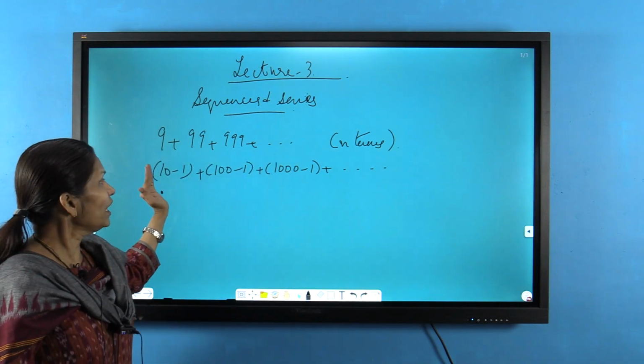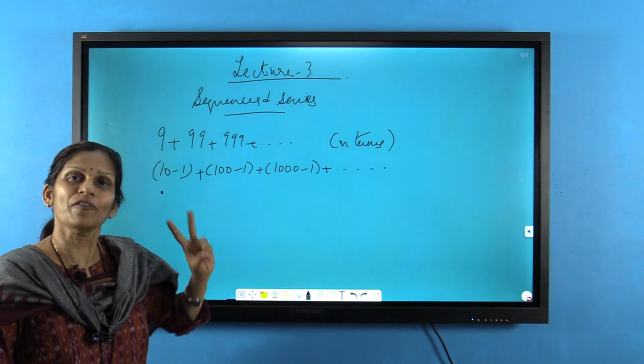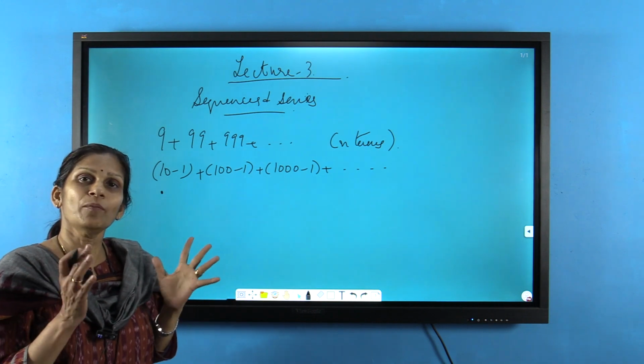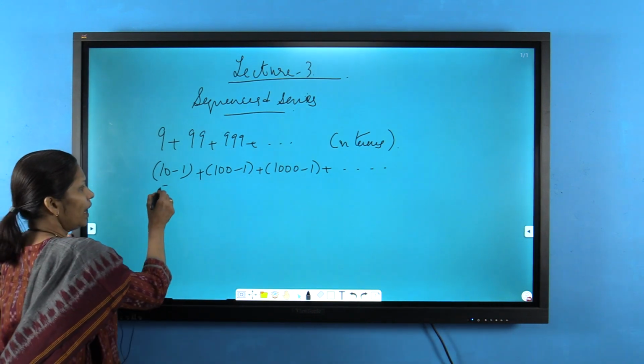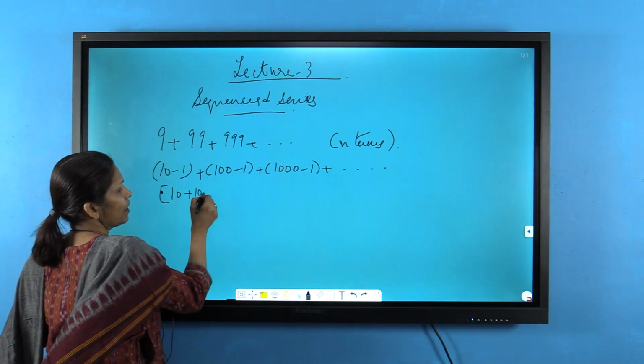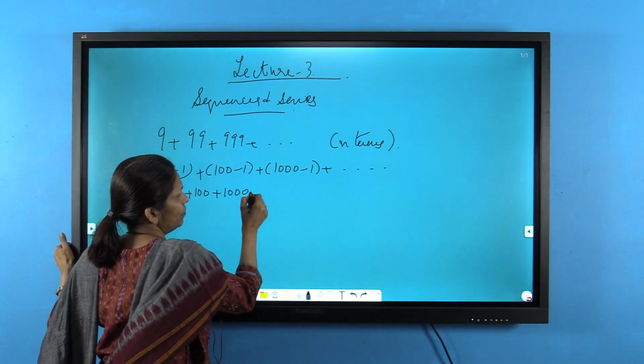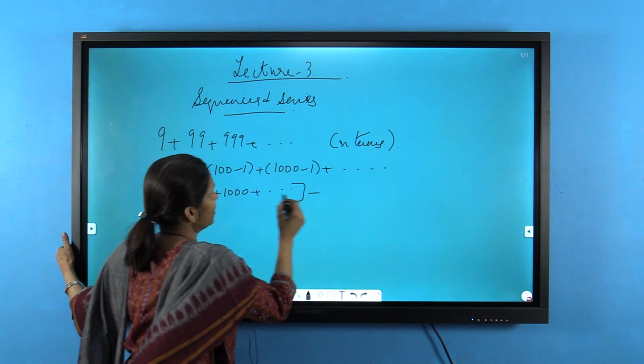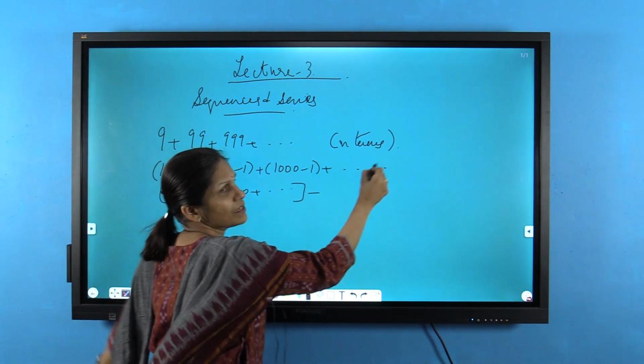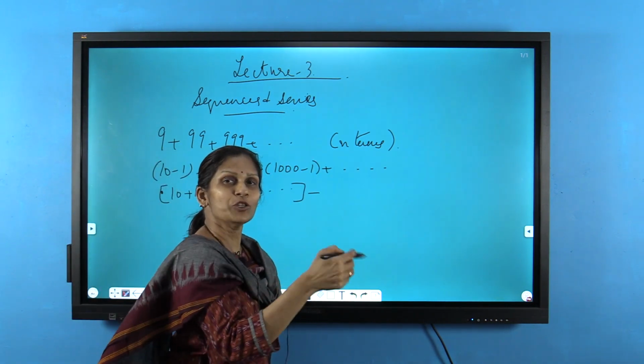Okay. Now, in each of these brackets you have two terms. Suppose I club the first of them, what would I have? It is 10 plus 100 plus 1000 plus so on, minus these n ones, which can be added up to get an n.